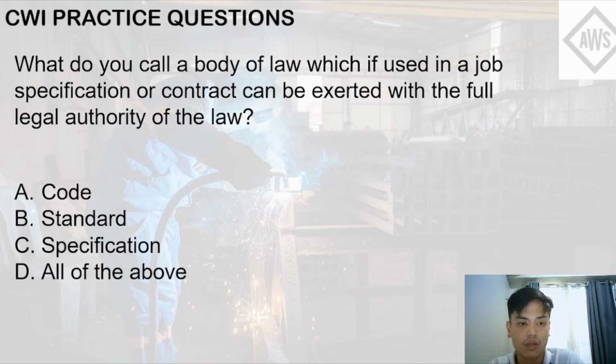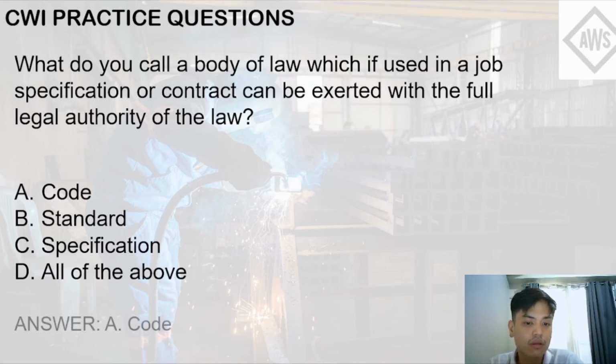Not to go on a tangent, but the welding procedure specification is the best example for a specification because it lists the needed specs for the weld, for example the electrical current, the base metal, the filler metal, and the welding technique as well. So the answer here is A, code.